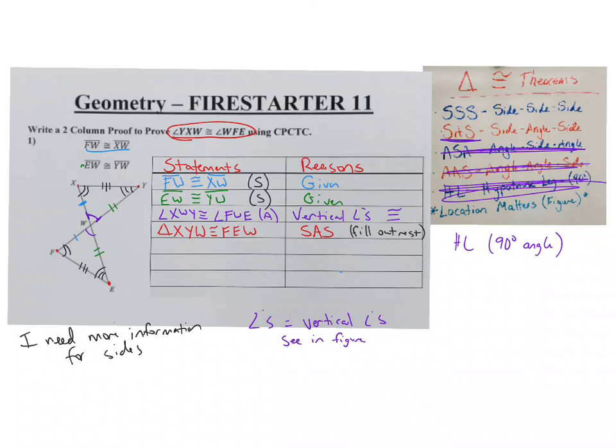Can I say YXW and WFE? Is that one of those? WFE, YXW looks good to me. So I say CPCTC. And that's it. If you didn't figure out that this was the exact same problem as Firestarter 9, I just didn't tell you to use side, angle, side, shame on you. Alright, that's all I got.